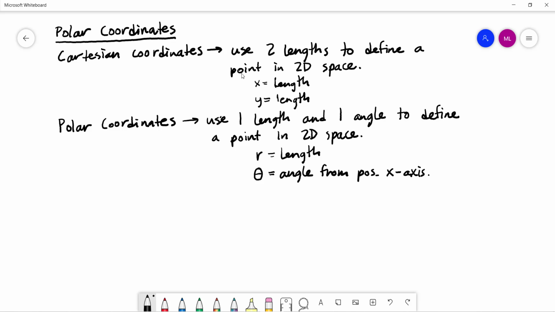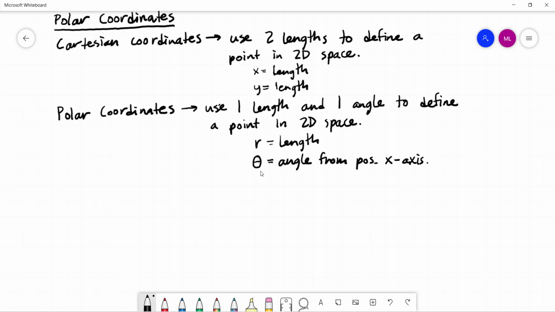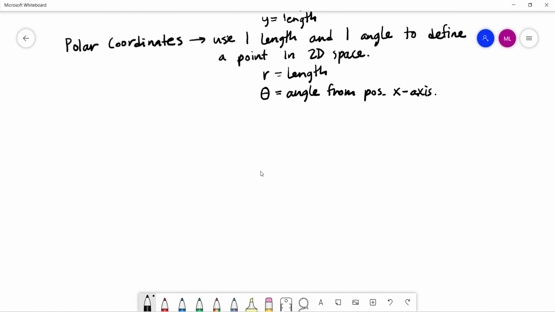So essentially, instead of saying go 2 units in the x direction, 3 units in the y direction, we'll simply say go 4 units in the direction of this particular angle, and it'll get you to a given point. So if we draw the picture, it makes more sense.